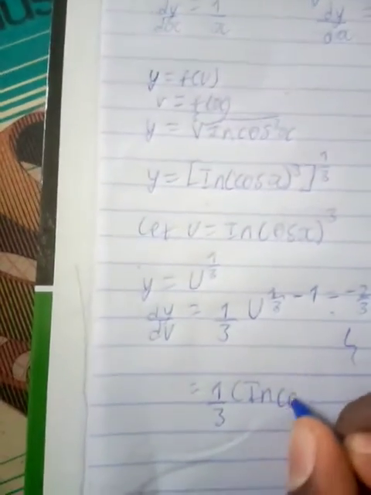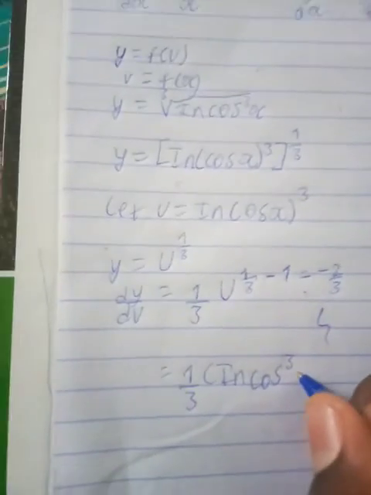So you can see 1/3 of ln cos x to the minus 2/3. Now you express back the u, since you are finding what you are looking for.